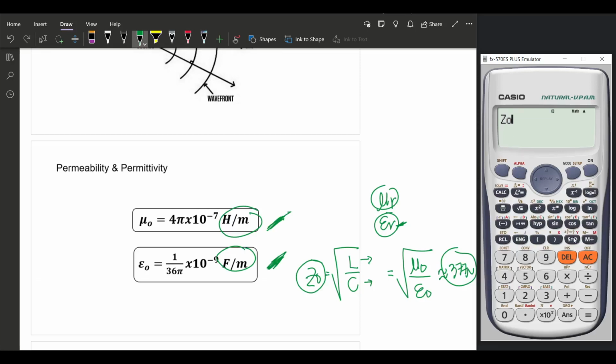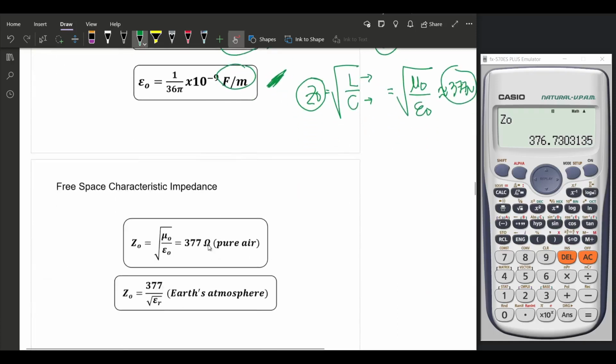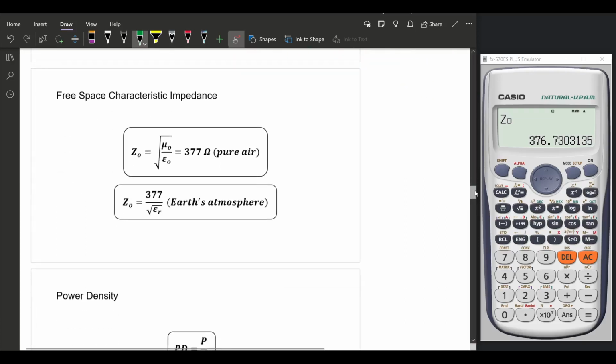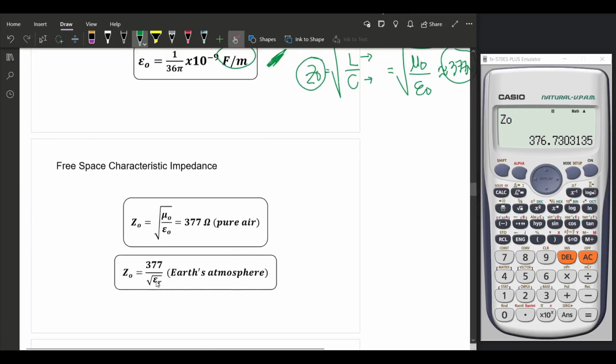Okay? So, that is 376.73. So, equal lang din yan dun sa kanina. Nung kinuha natin tong value nito. Okay? So, ayun yun. So, kapag pure air siya. Kapag sa Earth atmosphere kasi, since hindi naman pure yung air, so hindi naman actually saktong-saktong 1 yung relative permittivity niya.